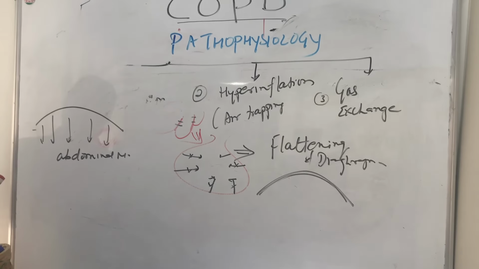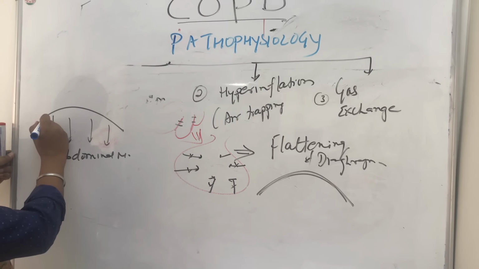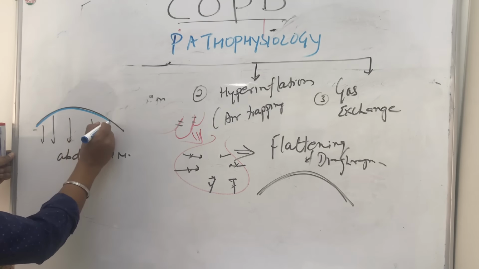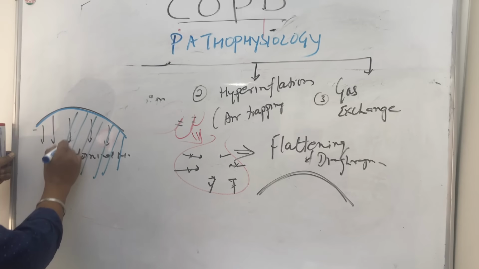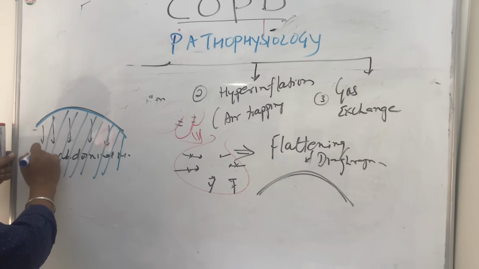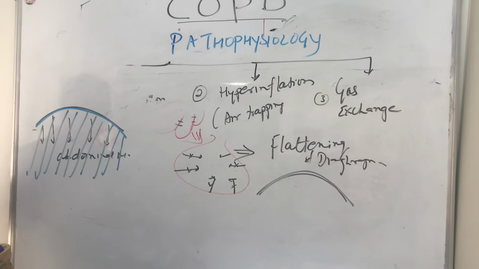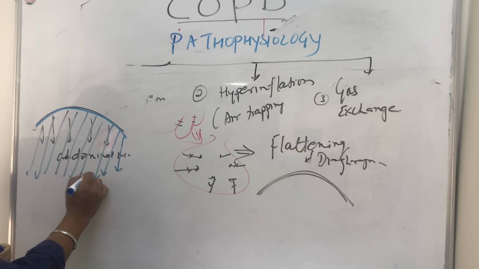Let's say this is the abdominal muscles. The diaphragm helps in inspiration by pushing the abdominal muscles downward.